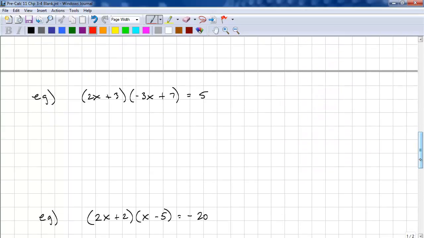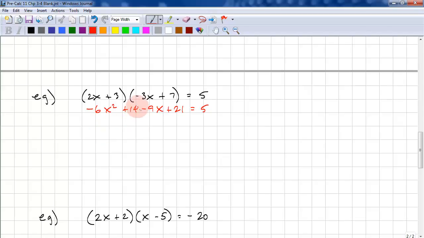Another example. Again, we need to expand. -6x squared, outer, which is 14x, inner, which is -9x, and last, that's plus 21, minus 5 x.